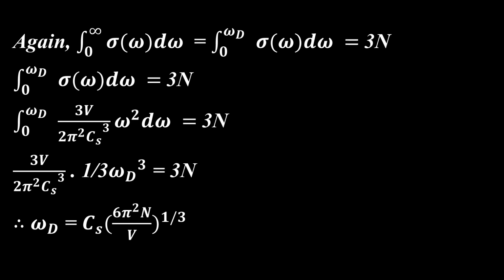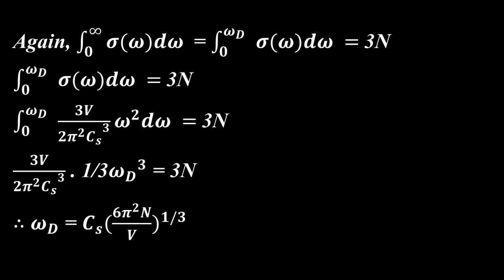This is the normal mode. Simplifying, the integral from 0 to ω_D of σ(ω) dω is equal to 3N. We input the value of σ(ω), that is 3V by 2π² c_s³ into ω² dω, equal to 3N.